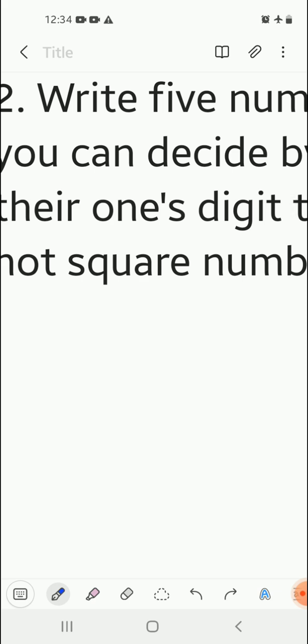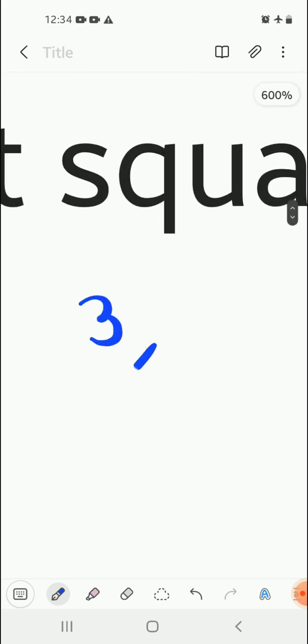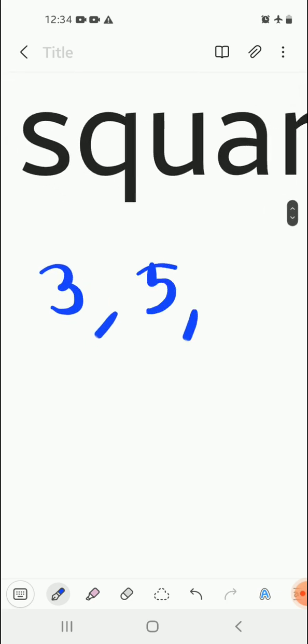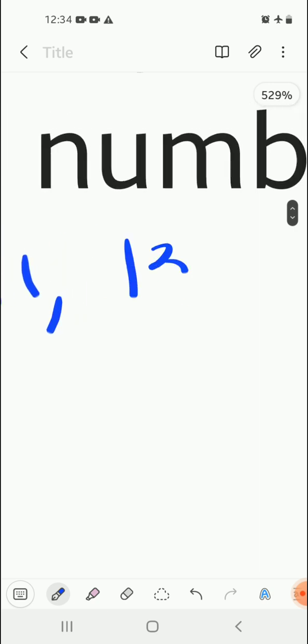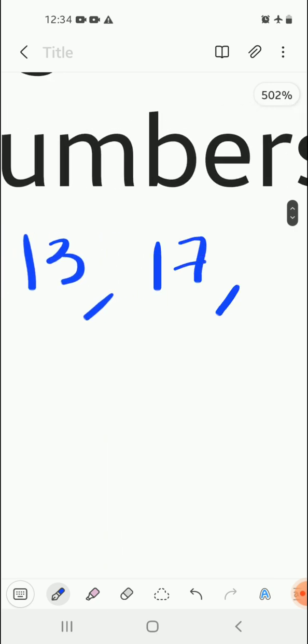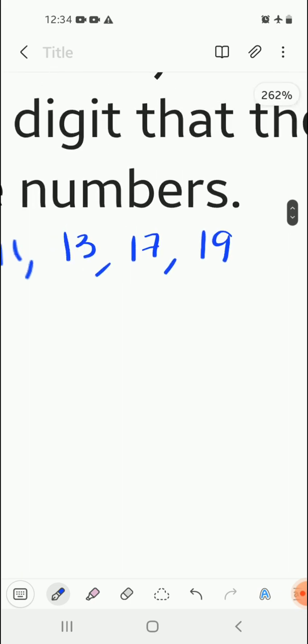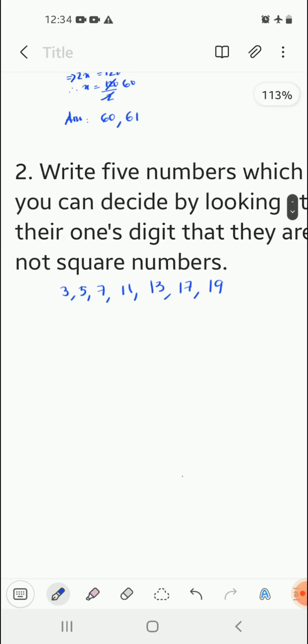In case we are asked how many digit numbers, then things become a bit more complicated. Otherwise, you can just list all the prime numbers that you know: 3, 5, 7, 11, 13, 17, 19. These are prime numbers. That means they are not any square number.